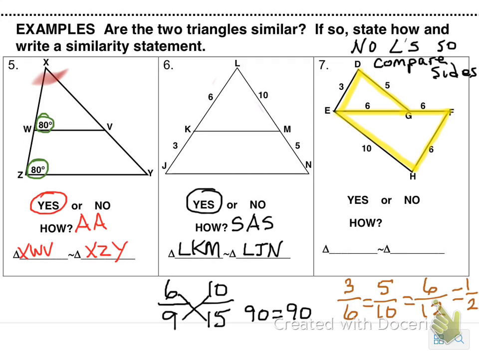And all of those equal 1/2. So we have shown that the three pairs of corresponding sides are proportional. Therefore, using the SSS theorem, we've determined that the two triangles are similar, and our similarity statement could be DEG is similar to triangle HFE.